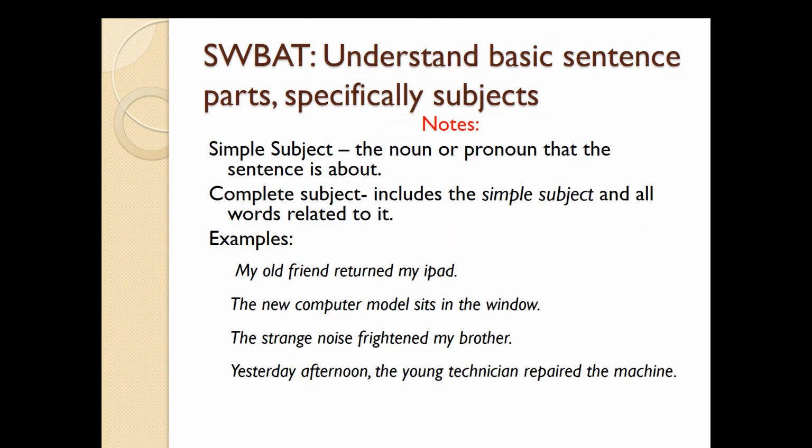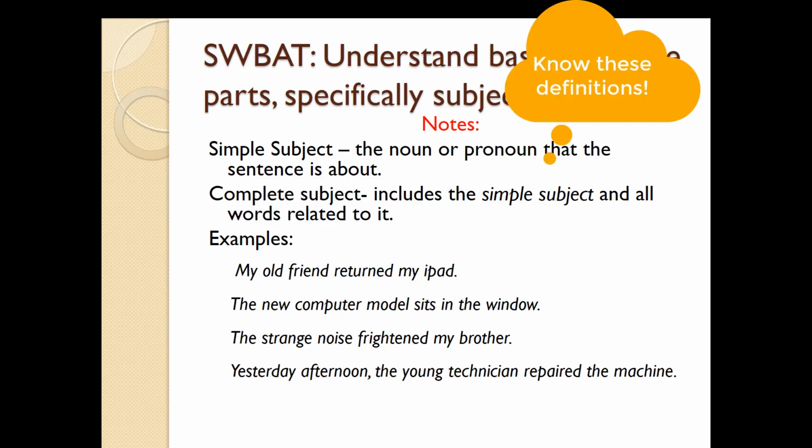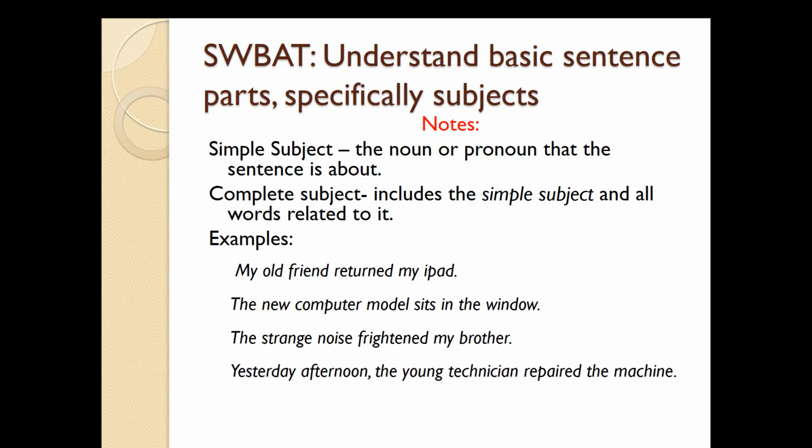When we talk about subject, we can talk about subject in two different ways. The first way we can discuss subject is by talking about the simple subject of a sentence. If you are being asked for the simple subject of a sentence, you are being asked to locate just the noun or pronoun that the sentence is about.